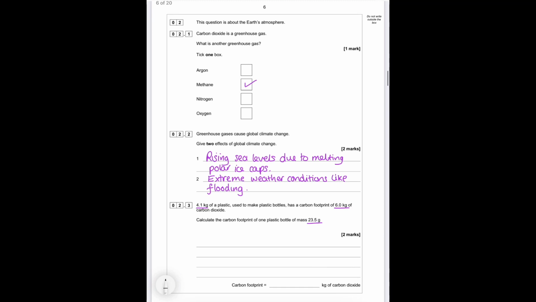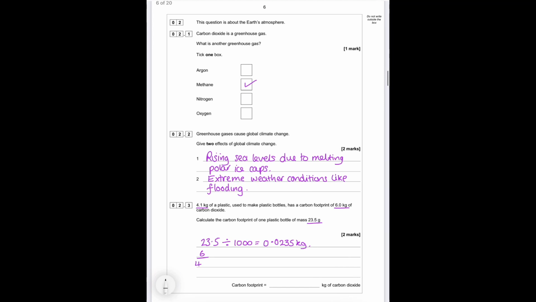So to do that, I would do 23.5 divided by 1000, and that would change our answer into kilograms, which gives us 0.0235 kilograms.